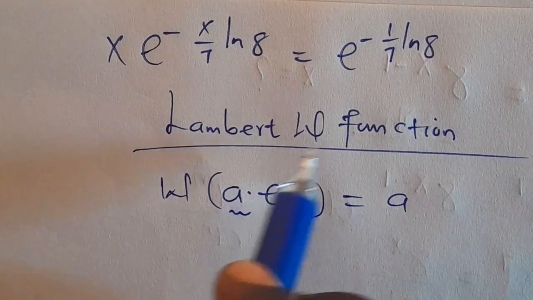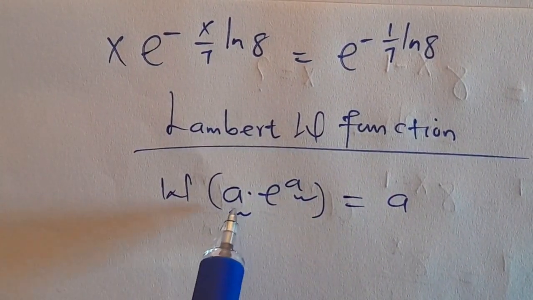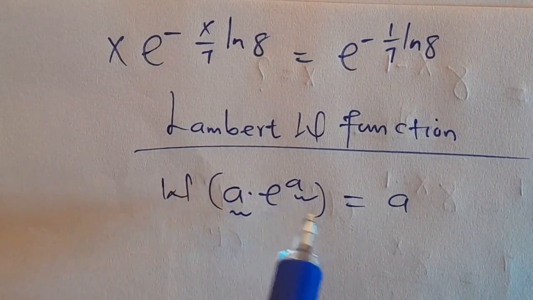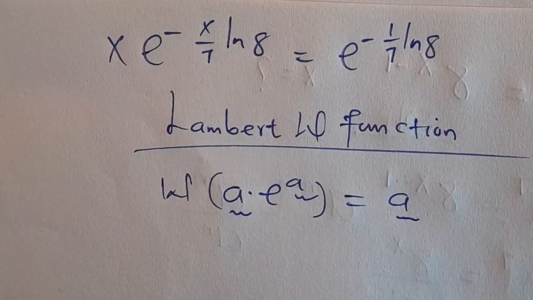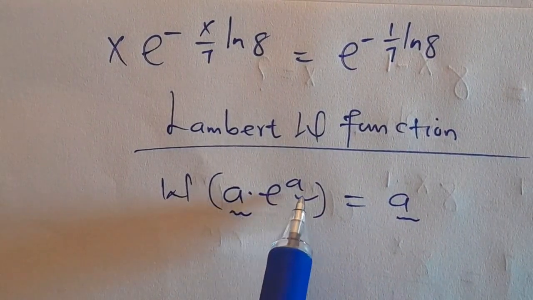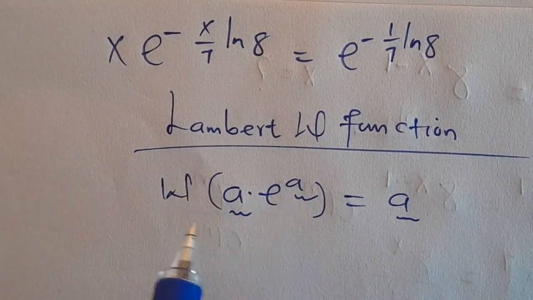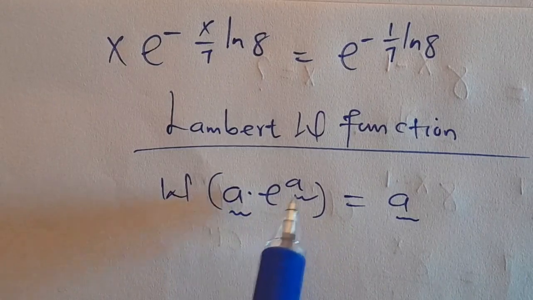According to the Lambert W function, when you take the Lambert W function of a multiplied by e to the power of a, this will give us back our a. That means the base and the power must be the same before we can apply the Lambert W function.